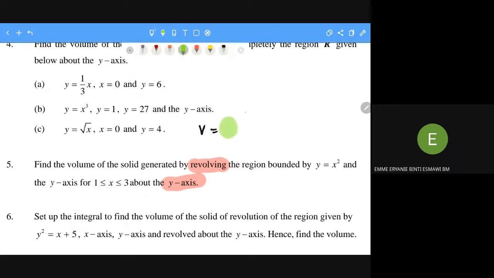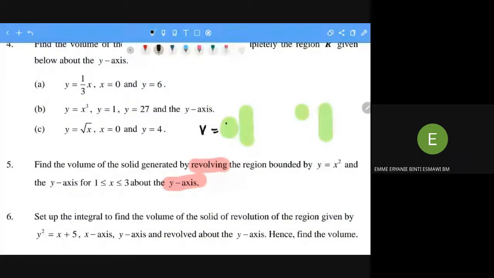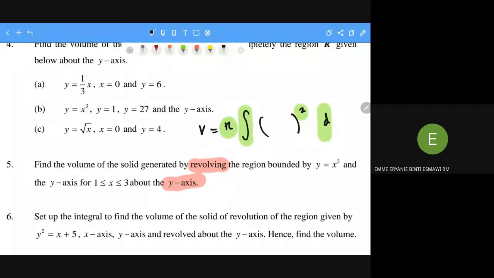Ada 4 kali jawab. 1, 2, 3, 4. Okay. Mesti ada pi depan ni, mesti ada integral sign, mesti ada bracket square, mesti ada d belakang tu. Okay. And then d of what? D of whatever the axis yang kita nak rotate ataupun revolve itu.